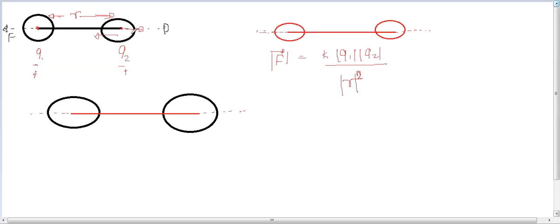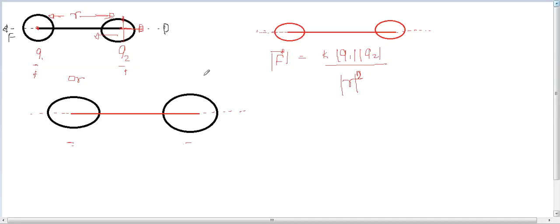If both charges, q1 and q2, are positive, or both are negative, the direction of force is away from each other. Here, let's suppose both are negative.